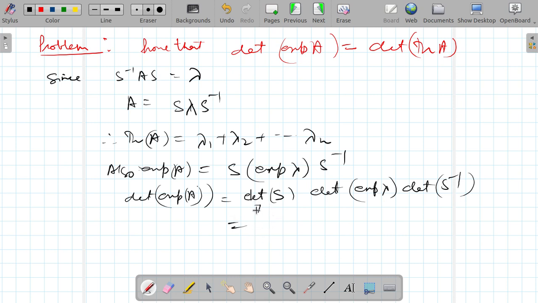The determinants of S and S inverse cancel, so that means it is equal to determinant of exponential of lambda.